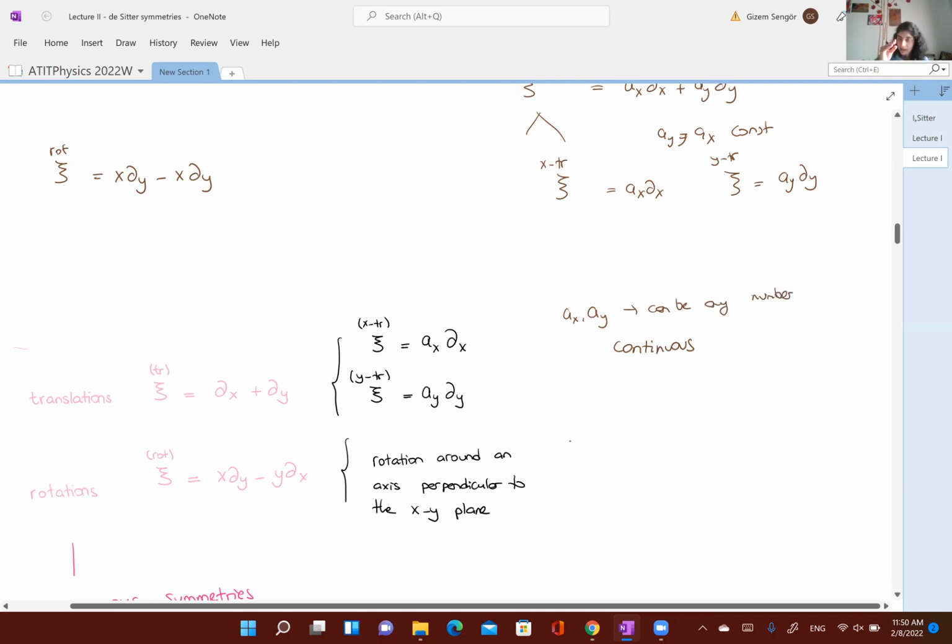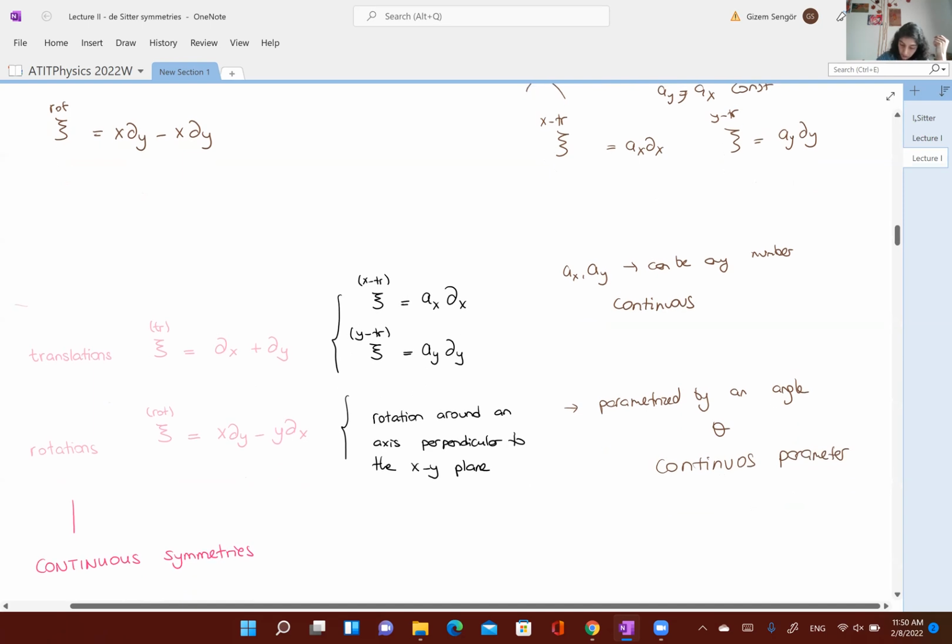So rotations also, you can have very tiny infinitesimal rotations. So you sweep through all possible angles. So this is parameterized by an angle. In this case, we have one rotation, so we only have one angle. It could have been more angles in more dimensions, but this is also a continuous parameter. These are continuous transformations.